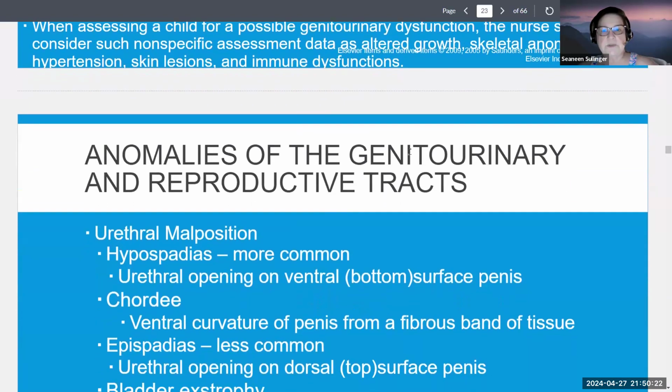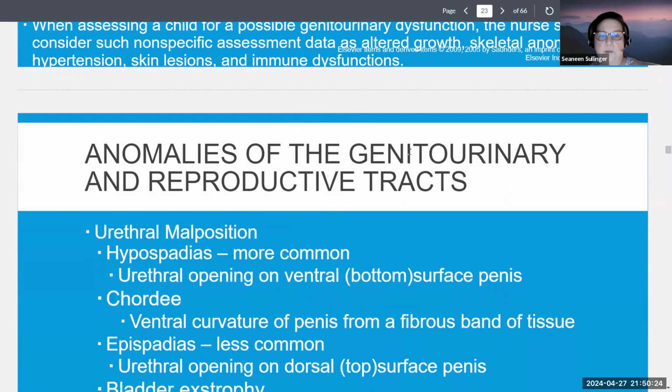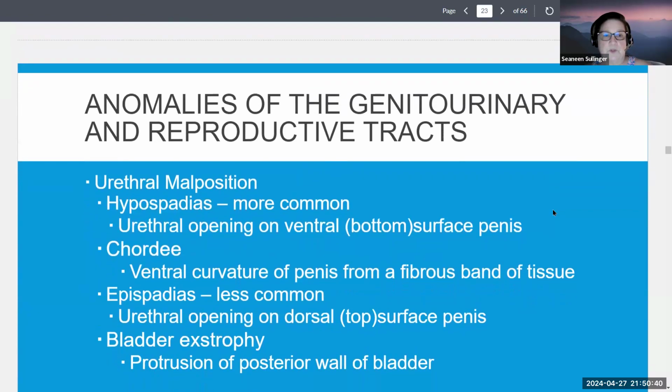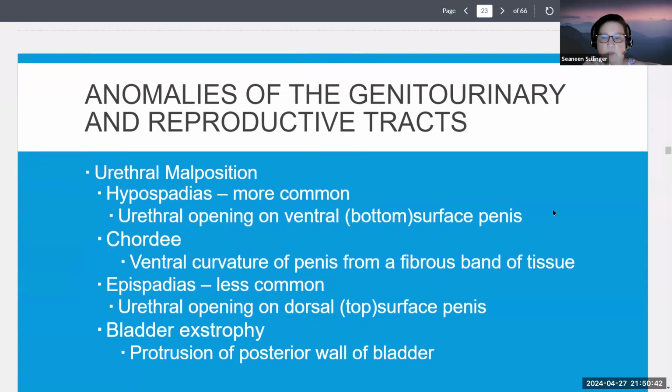And so we're going to move into the anomalies of the genitourinary and reproductive tracts. And we have some pictures that are coming up. So these would be considered the exemplar of the congenital malfunctions or disruptions in the normal physiology and anatomy. And so you can have, again, when you're doing your newborn assessment, these are things that you would find.